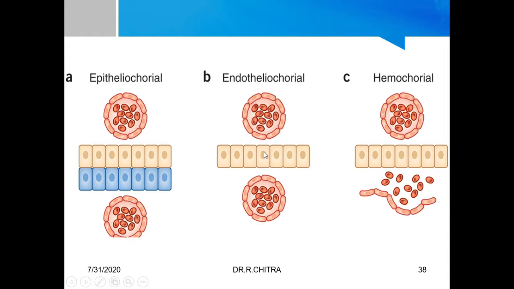Together they will be the chorion. So this endotheliochorial is present in the bovine. So this is the human hemochorial. So we have completed the epitheliochorial.